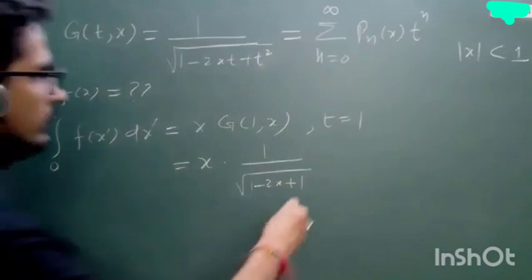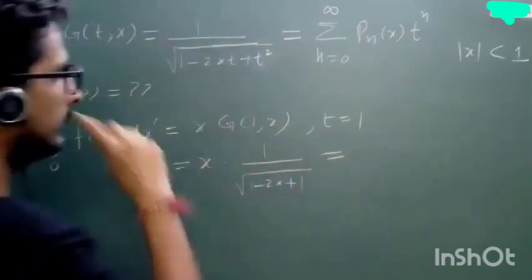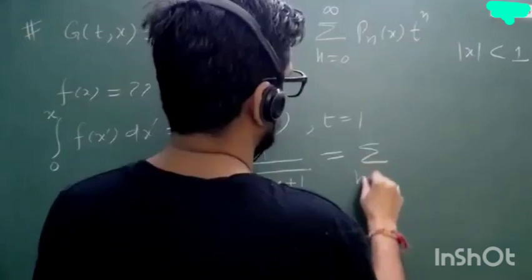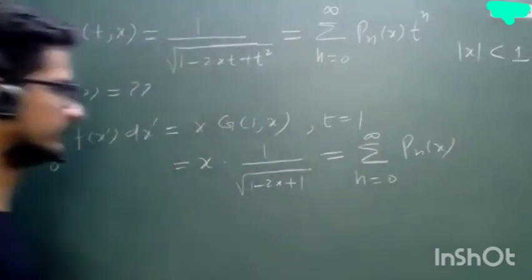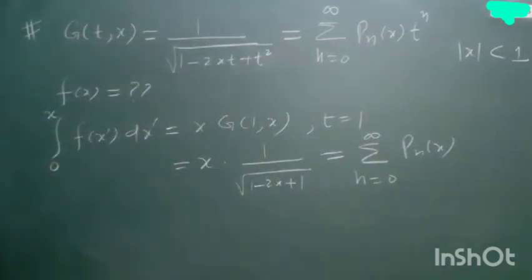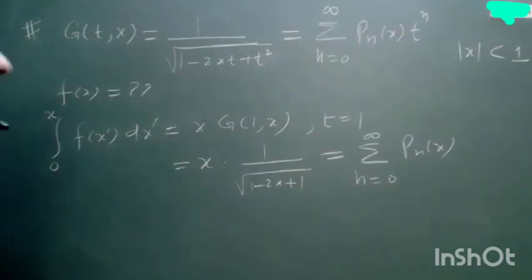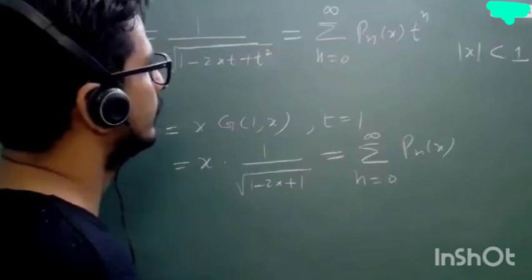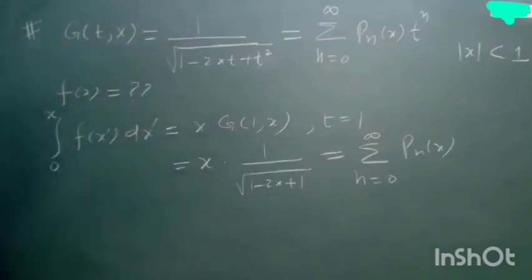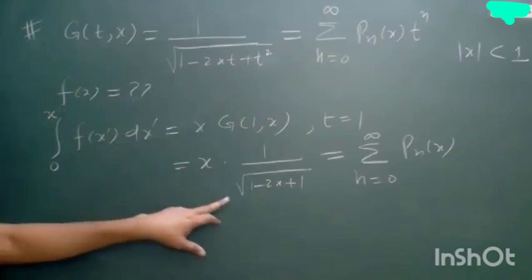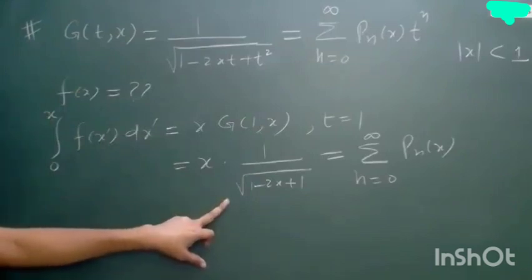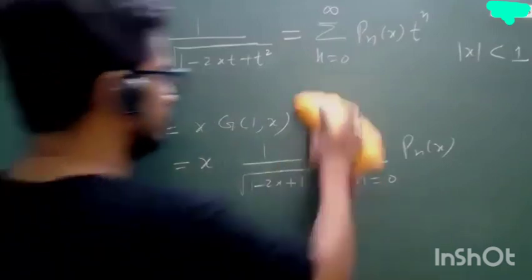So this is equal to summation n equals 0 to infinity Pn of x. Sir, on that side also there will be x into, and on the summation side also x into.